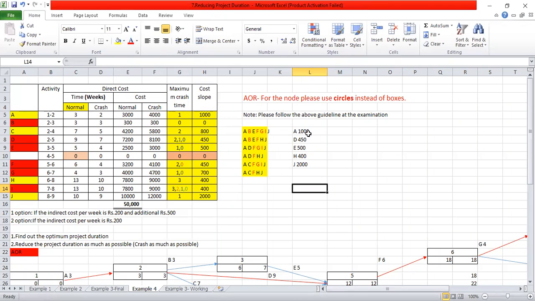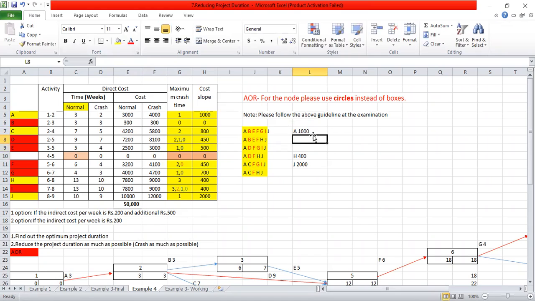A is having 1000. D and E also cannot be crashed further, right? So now we cannot crash these further.